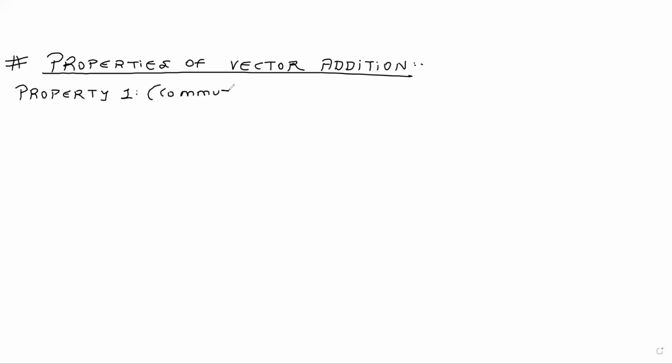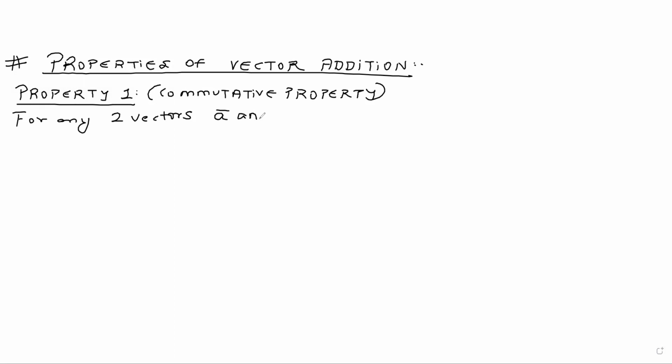Now let us see what is the commutative property of vector addition. So basically, for any two vectors A bar and B bar, we have A bar plus B bar equal to B bar plus A bar.